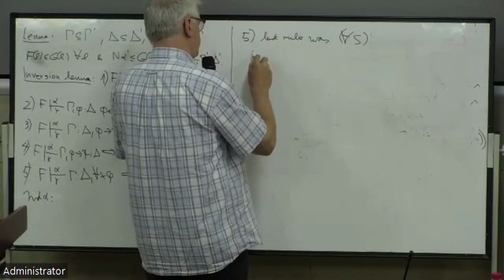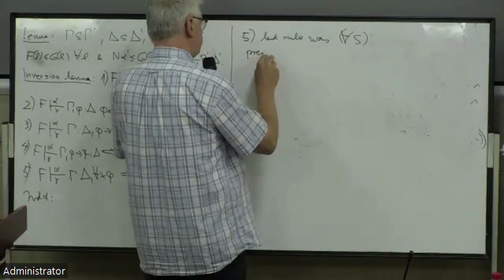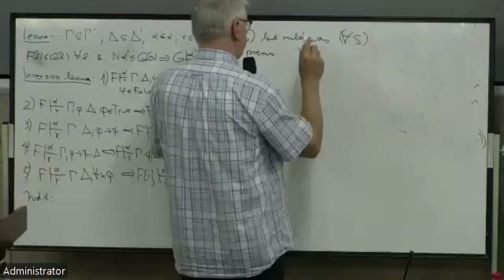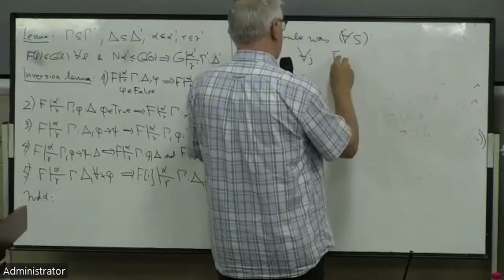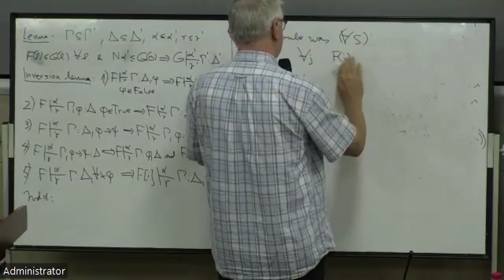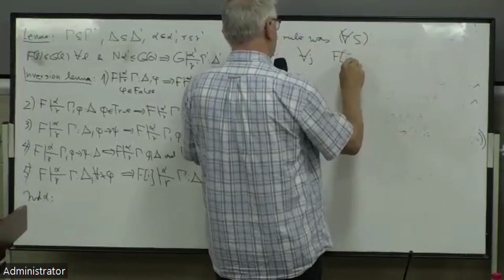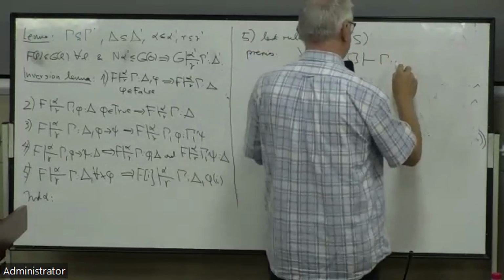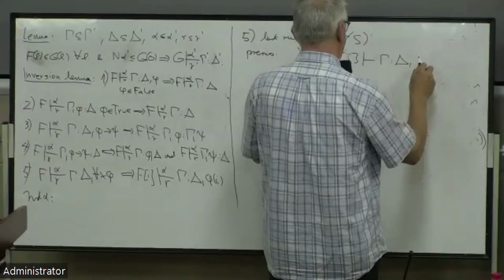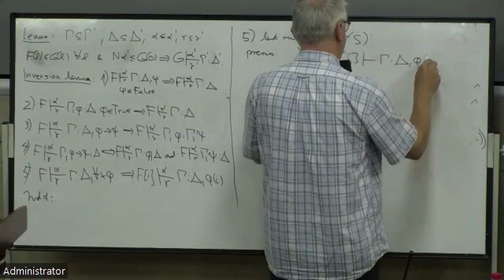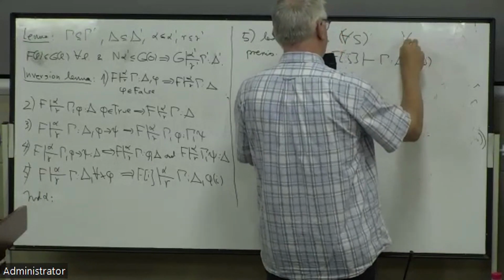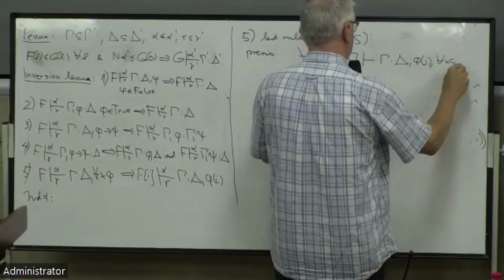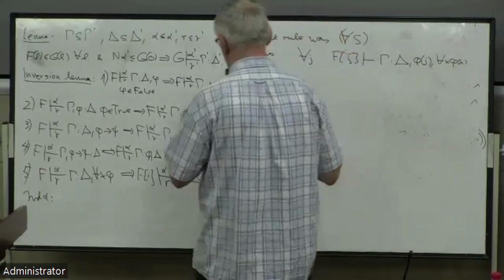So we have the premise, namely for all j, we have F of j, F in square brackets j, proves gamma, delta, phi of j, and the formula for all x phi of x shows up in the right-hand side.